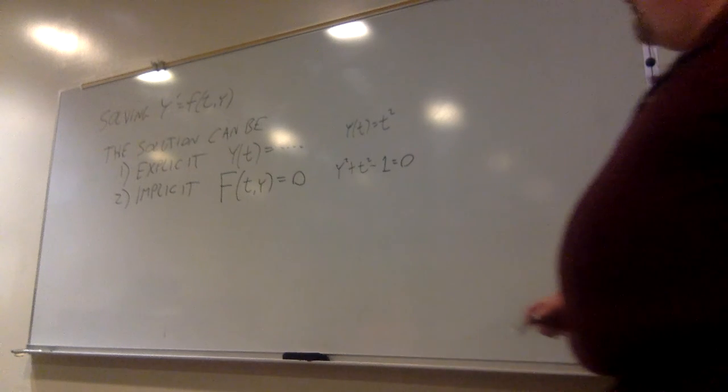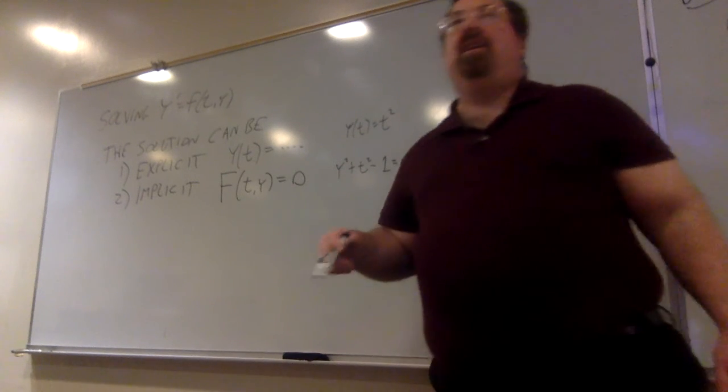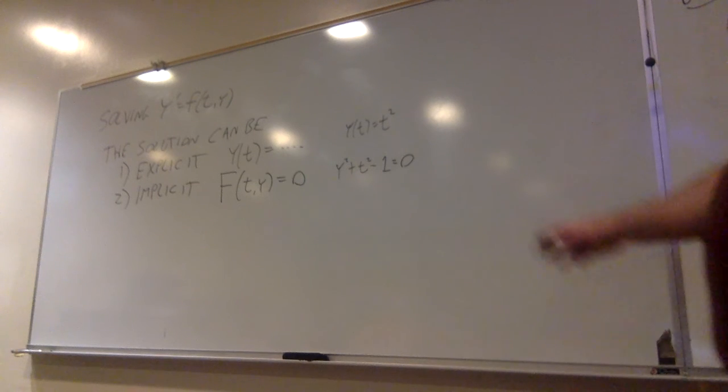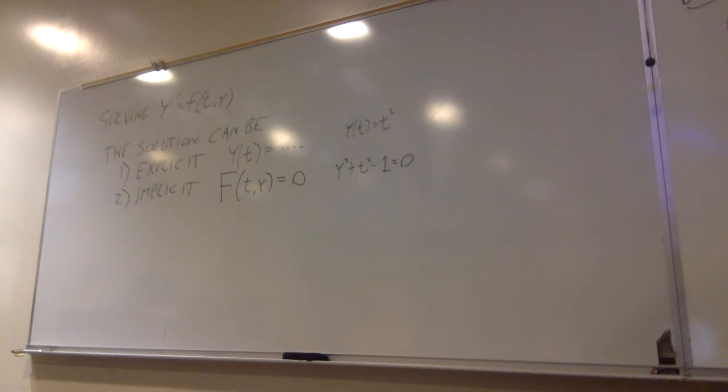But if I do that in this case, what ambiguity comes about when I try to rearrange that and just solve for y? You have a square root. So I can isolate y squared, no problem. But then I take a square root, and I have y is equal to plus or minus something.